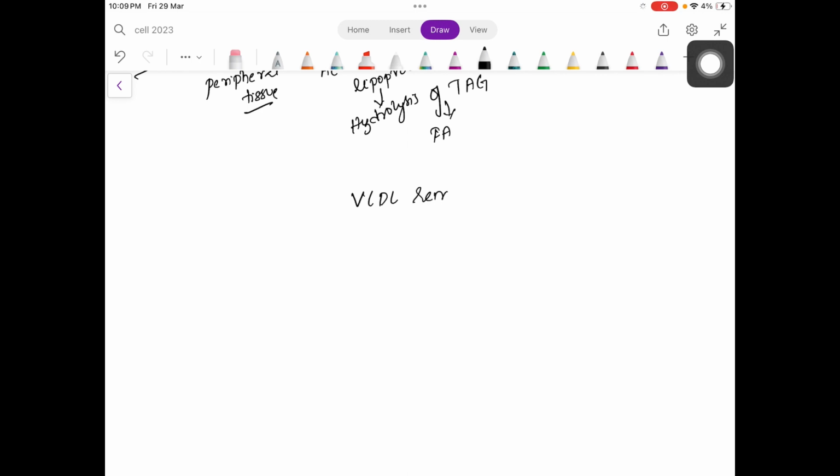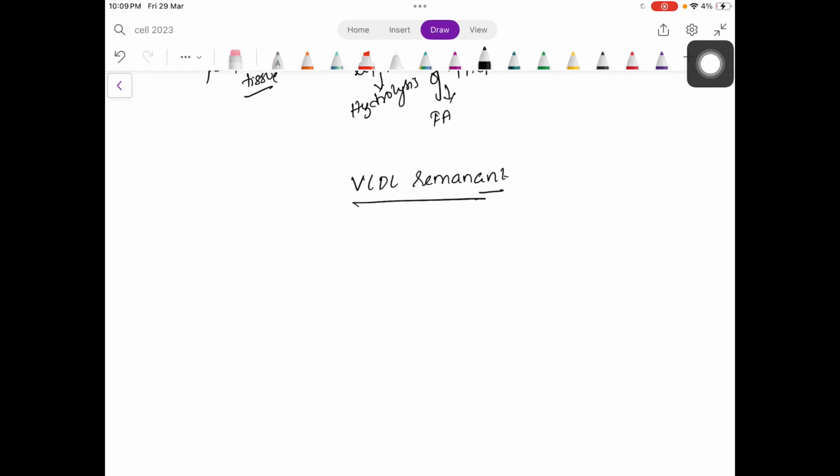Now this remnant VLDL has different fates. We have VLDL remnant. So this VLDL remnant molecule will have cholesterol ester, cholesterol, triacylglycerol, and they will have ApoB100 and ApoE.